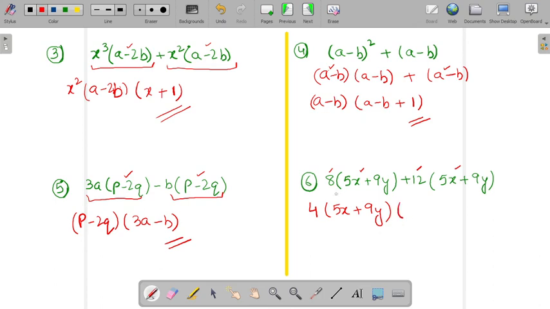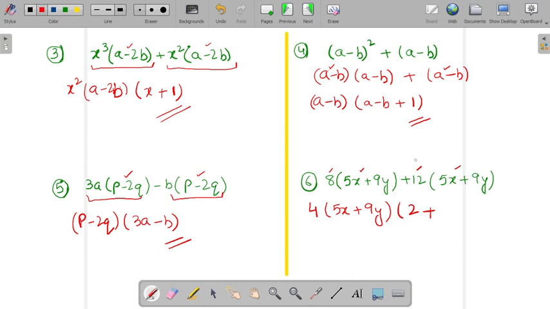Now let's see what is left out. Out of 8 we have taken 4 as common. So in its place what will be left? 2 plus, this 5x plus 9y we have already taken common. Plus this 5x plus 9y is already outside. So plus, in place of 12 what will be left?